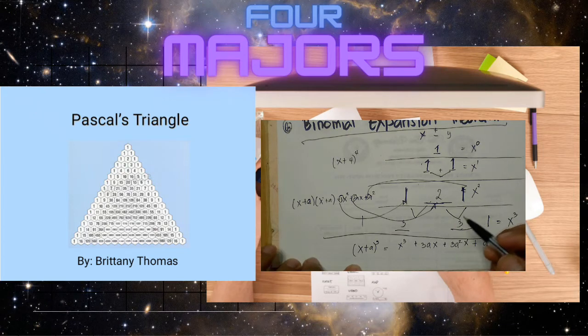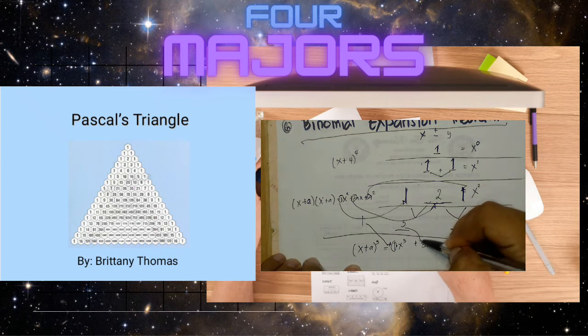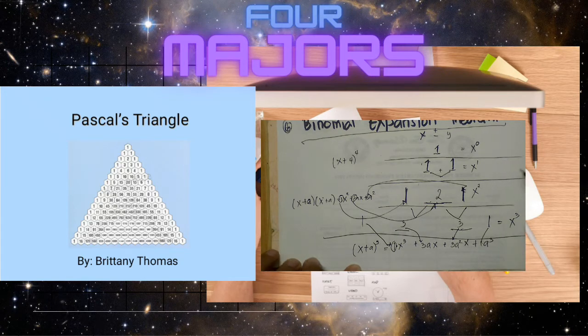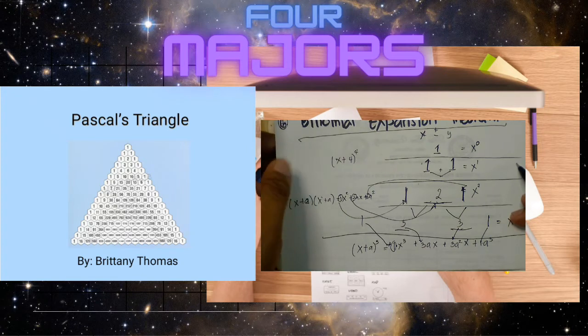So where are the coefficients? We have 1 over here, a hidden 1, and then we have the 3 over there, the 3 over there, and 1 over there. So this arrangement gives rise to Pascal's triangle.